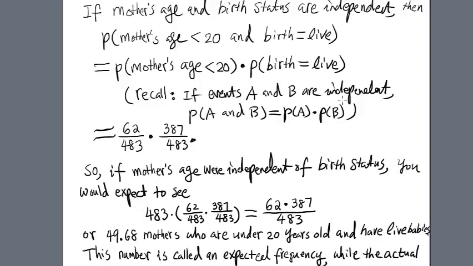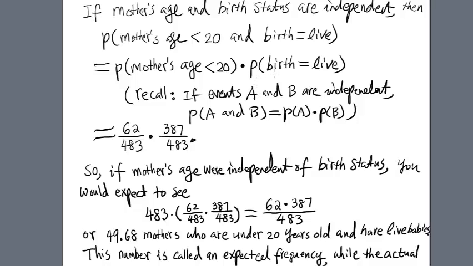If events A and B are independent, then the probability that A and B happen at the same time is equal to the probability of A times the probability of B. So mother's age less than 20 has probability 62 over 483, because 483 mothers were surveyed, and among them, 62 mothers are younger than 20.